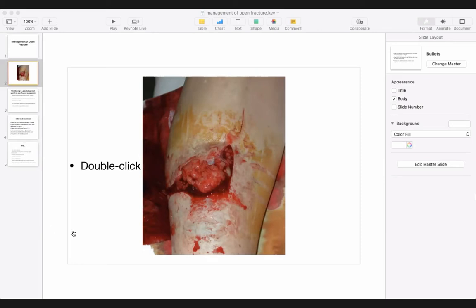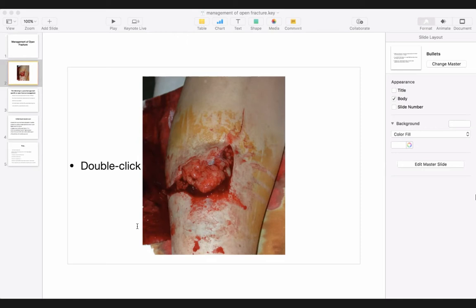Right, so once you finish the AMPLE history, what do you do next? You'll start staging for the open fracture. Okay, before that, just imagine that you have the patient in the emergency room and you're dealing with him step by step.